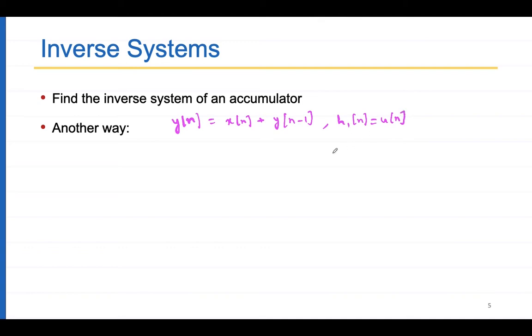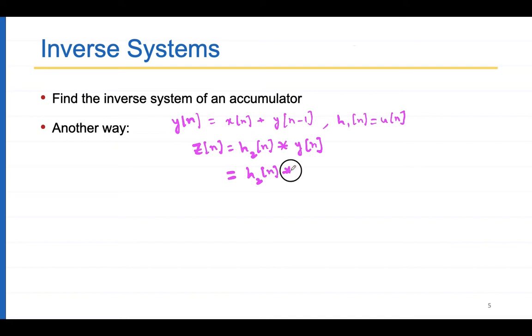Now, let's try to see the output of the second system. The output of the second system is z of n, which is equal, in general, to h2 of n convolved with the input, which is y of n in this case. I don't know what h2 of n is, but I know what y of n is.